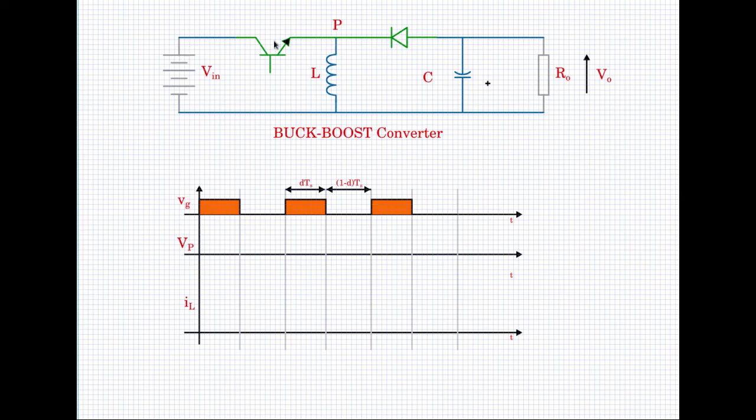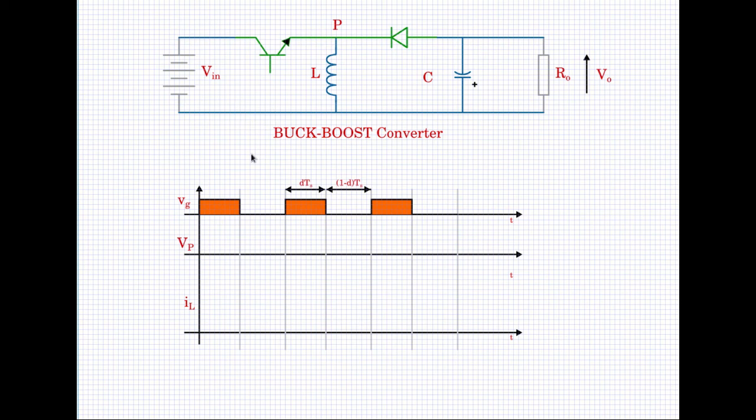You see that when the BJT Q is on, the inductor gets charged up by a current flowing from the input supply in this fashion, and when the BJT is off, the inductor current cannot be stopped, and therefore it will start flowing in this fashion, such that the inductor current is in the same direction within the inductor. And as a result, the capacitor will be charged with the polarity where the plus is here, and therefore you will get a negative voltage at the output. So this is the operation of the buck boost converter, which we studied before.